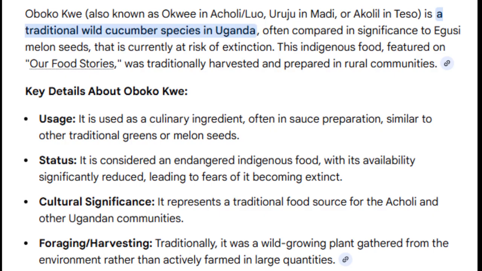So it represents a traditional food source for the Acholi and other Ugandan communities, and traditionally it was a wild growing plant gathered from the environment rather than actively farmed in large quantities.